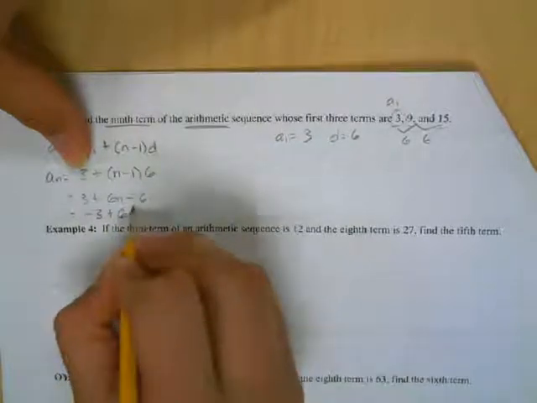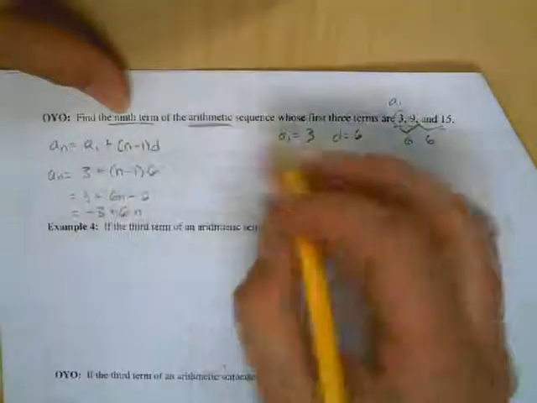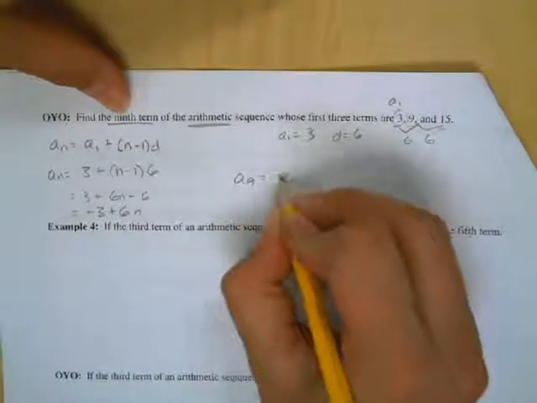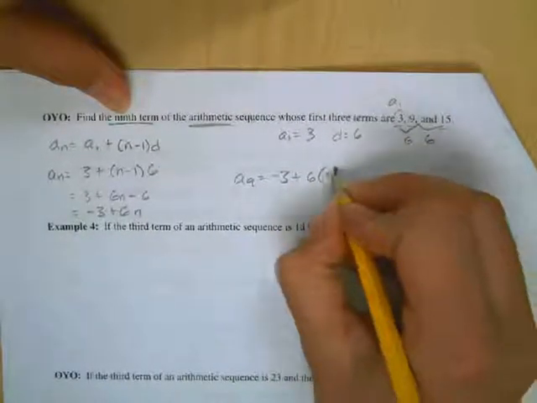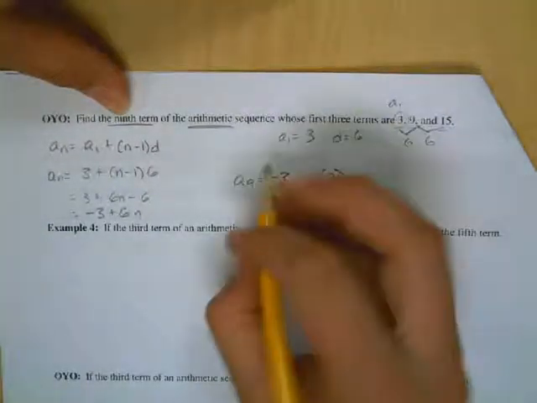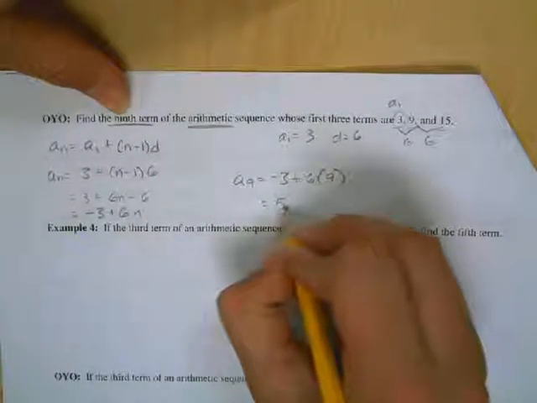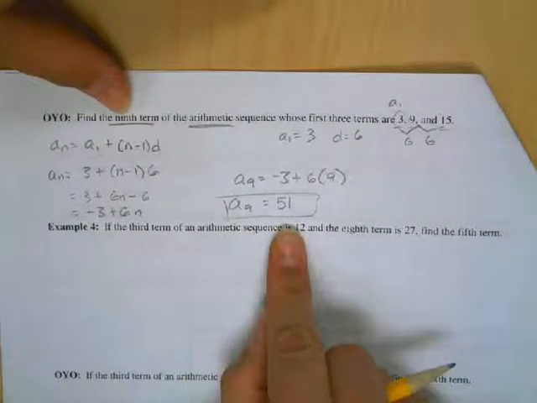So there's that general term, but that's not what they asked for. They wanted the 9th term, so a sub 9 is negative 3 plus 6 times 9. 6 times 9 is 54 minus 3 is just 51. So the 9th term is 51.